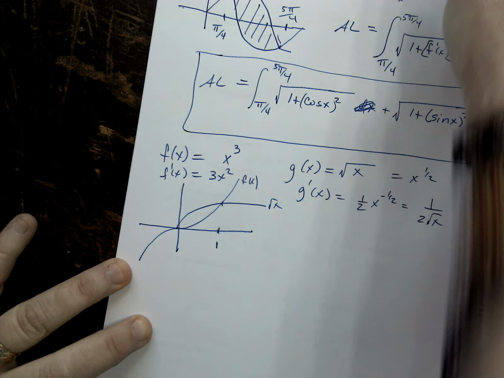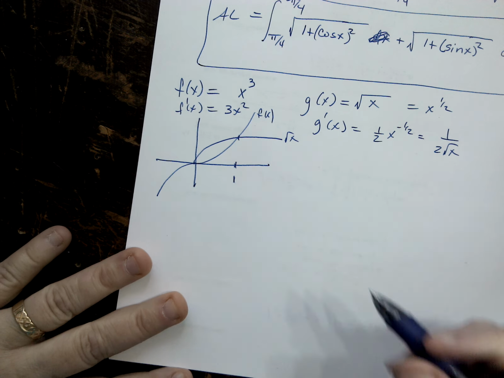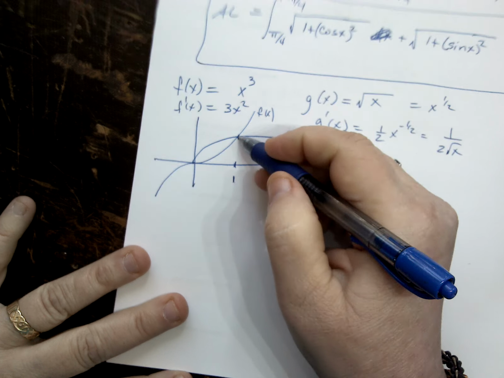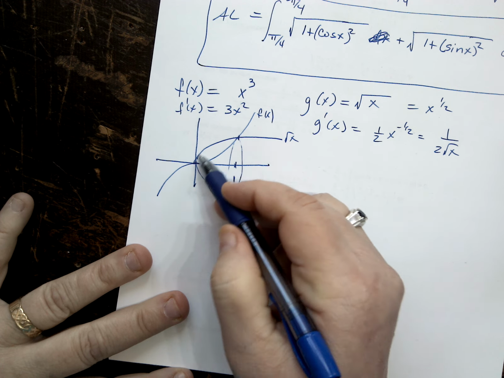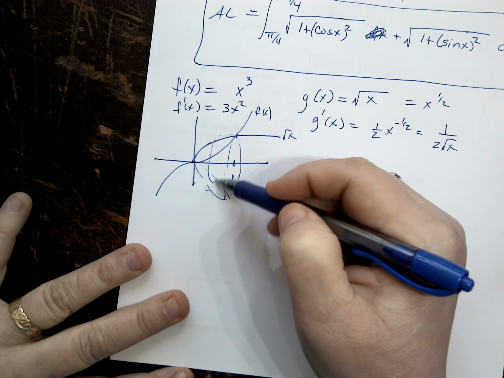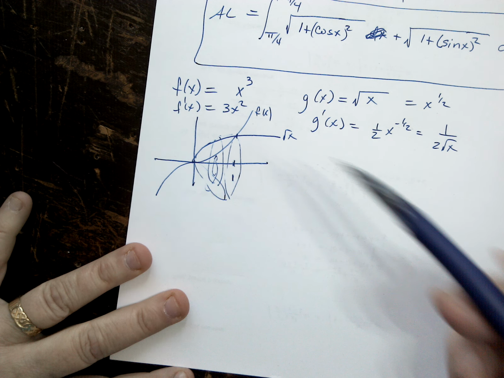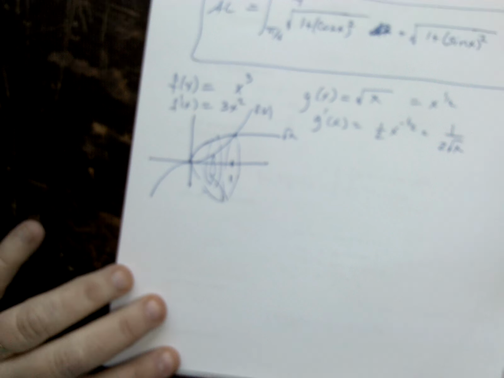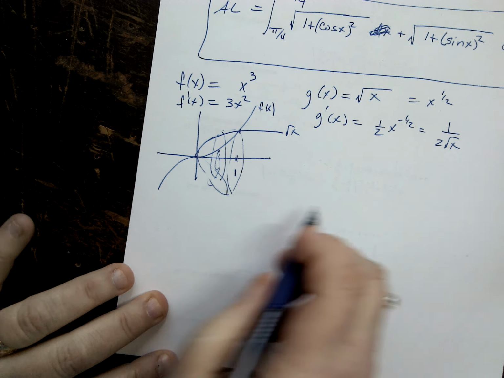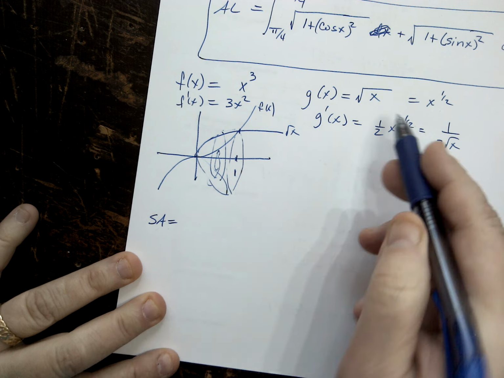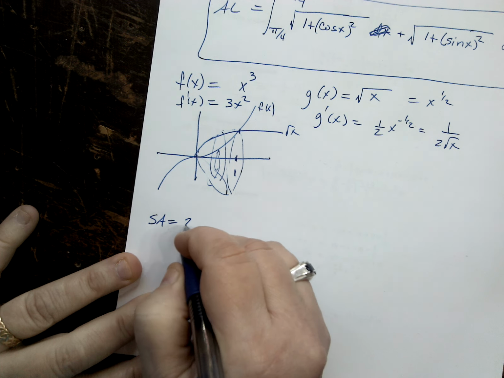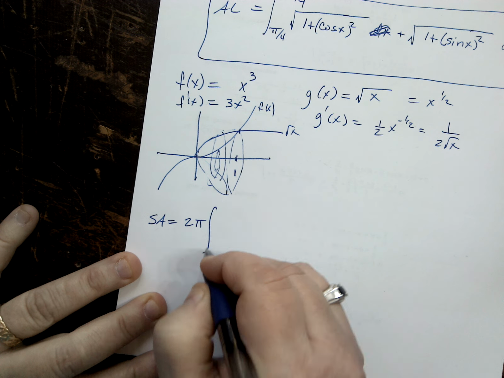So to get the surface area, when we rotate this thing around, I really don't want to draw this. We have an outside surface area and we have an inside surface area. So we need to add these two together. So for the surface area, we have to deal with the f first. That is 2 pi integral from 0 to 1.